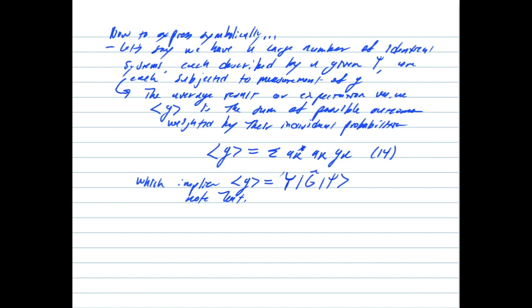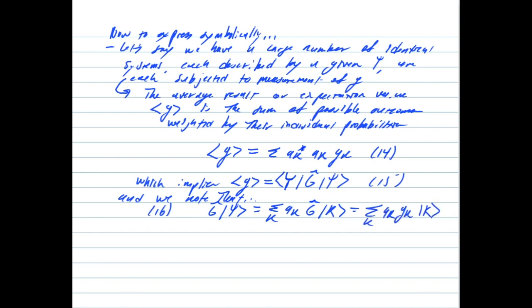And since g subscript k is a value representing the eigenvalue k of the operator capital G hat, we can use the relations in equations 15 and 16 to say that the sum of the complex conjugate of a subscript j times a subscript k times g subscript k, bra j ket k, for all values j and k, is equal to the sum of the complex conjugate of a subscript k times g subscript k, for all values k.